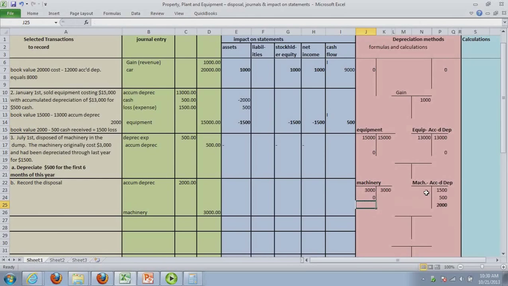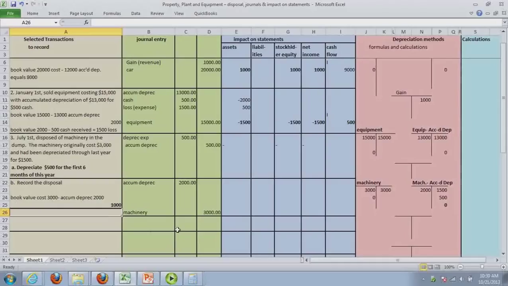And if we debit the accumulated by 2,000, we now have 0 there as well. Okay, so that's gone. And because we didn't receive anything, which is not good news for us, the book value should be your cost, which was $3,000, less your accumulated depreciation of, I guess after we did the entry, $2,000. So your book value equals $1,000.